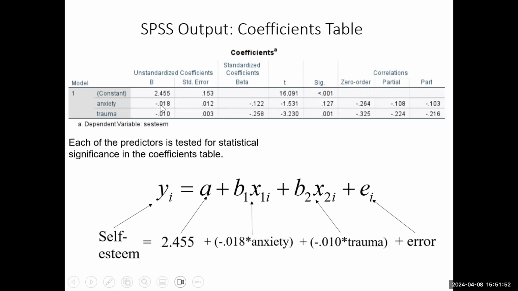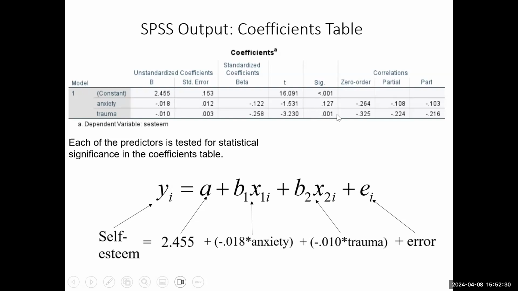If we take our unstandardized regression coefficient divided by its standard error, that quantity is distributed as a t-statistic on n minus k minus 1 degrees of freedom, where k is the number of predictors in the model, and we can look up our t-value there to see what the probability associated with that value is. In this case, it's 0.127, which is above the industry standard of 0.05. So we would say that anxiety is a non-significant predictor here.